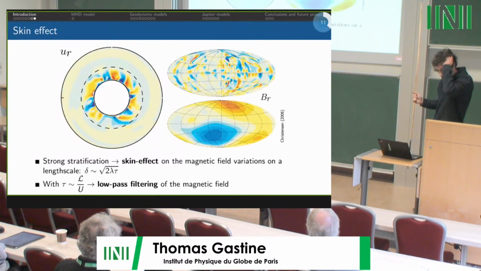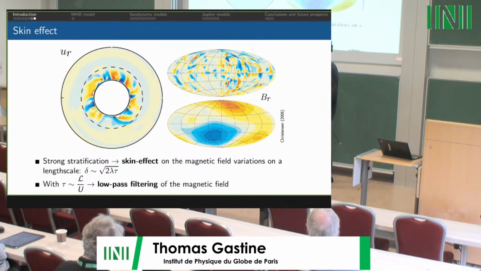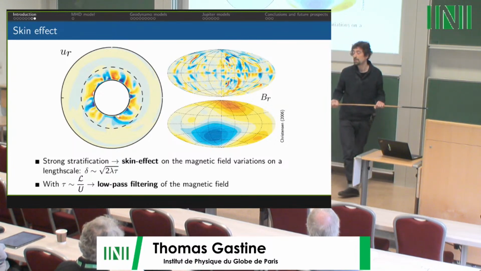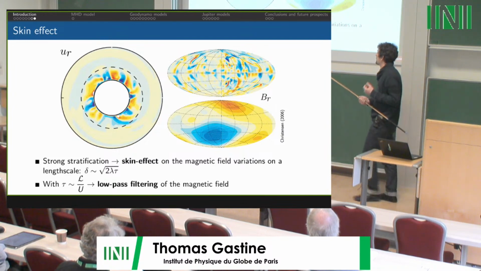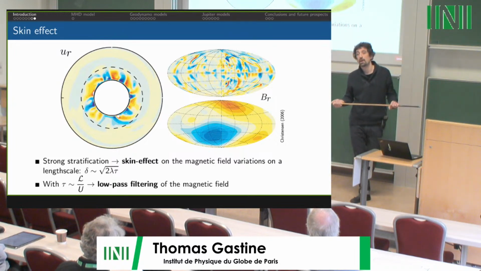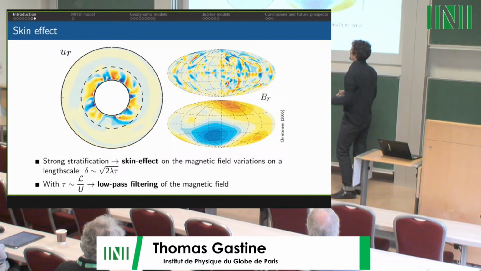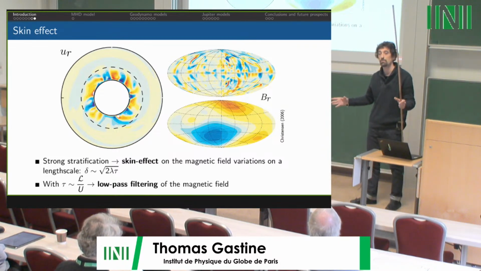Now, if we look at the magnetic field, and you ask yourself what could be the effect of such a layer on the magnetic field, you can place yourself in a limit where the stable stratification would damp almost all the flows that are developing in this layer. And so you would be in a position where you have a conducting fluid layer with no motion.